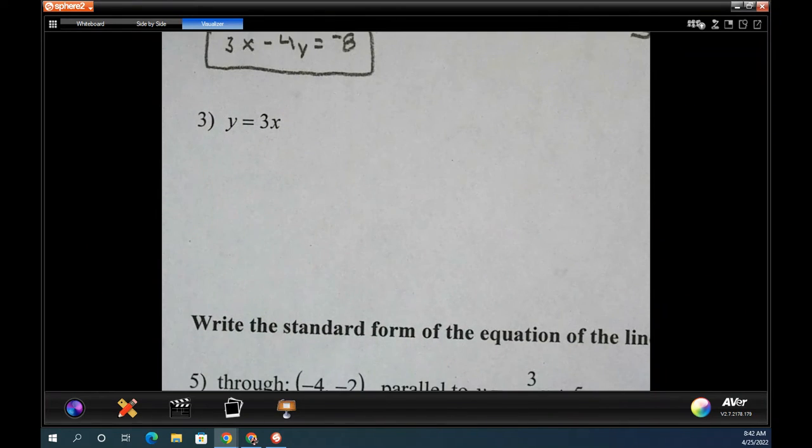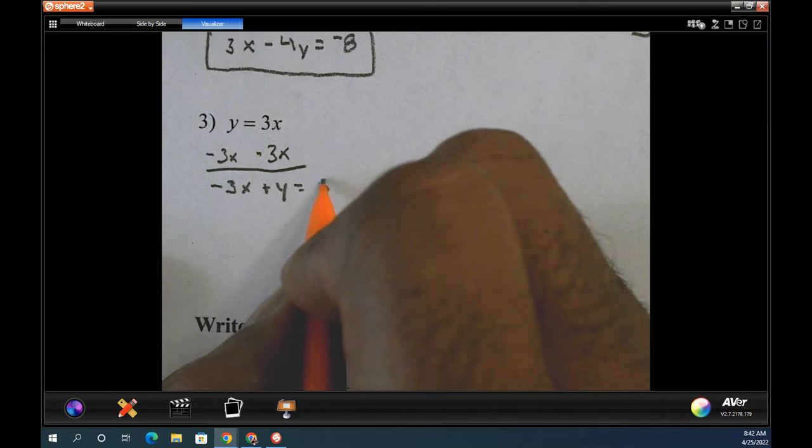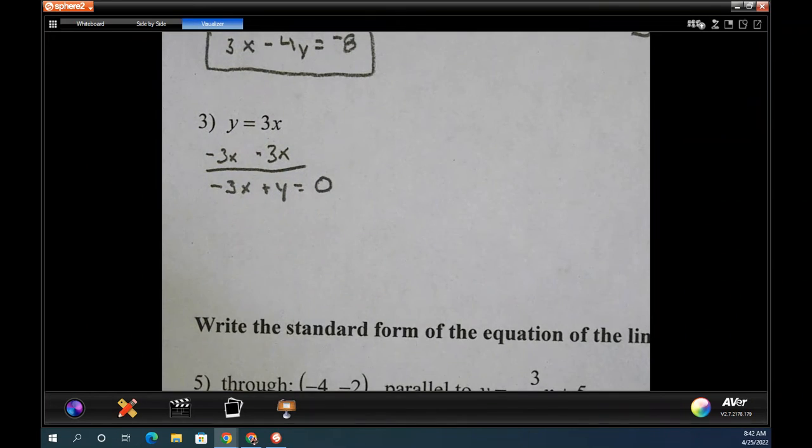Let's look at number 3. All right. All we have to do here is subtract 3x. So we have negative 3x plus y. Now, 3x minus 3x is 0. You get 0 over here.